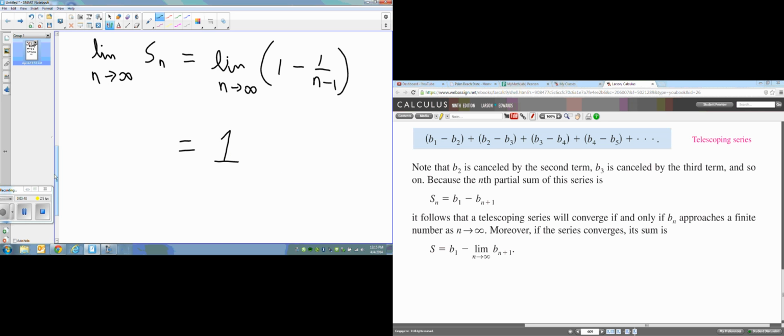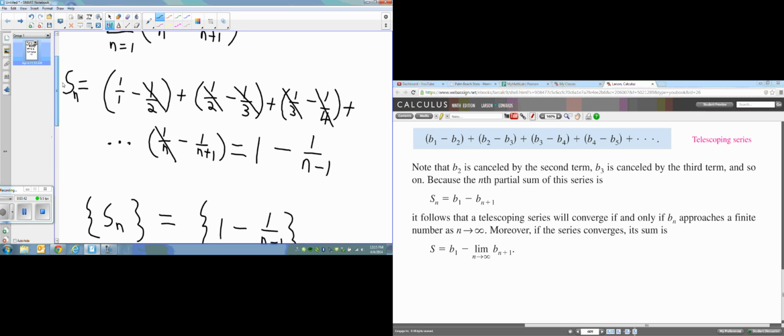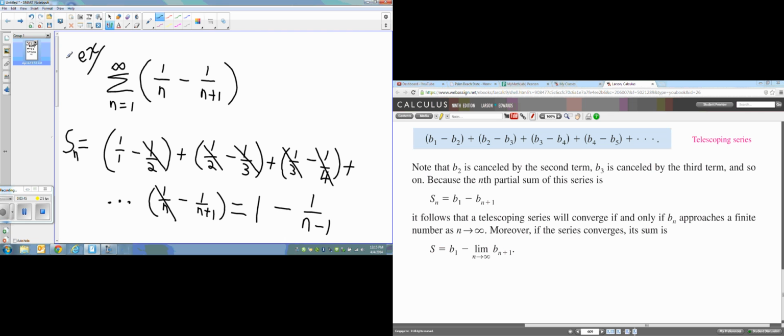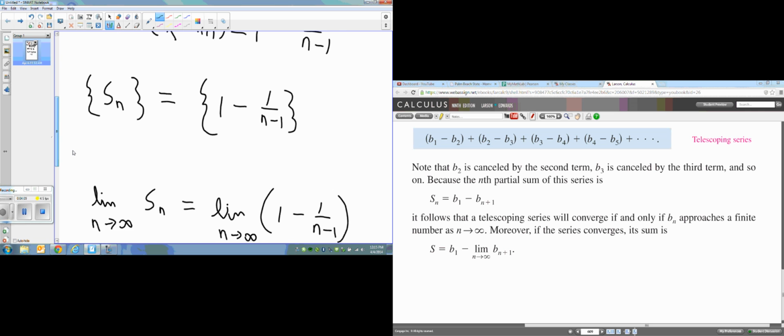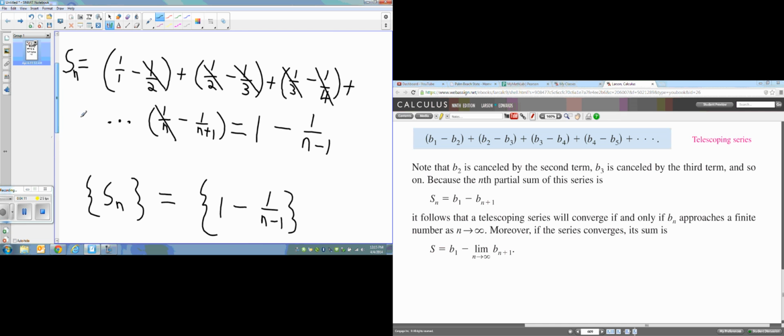Now, this series is actually a special series. If you take a look over here to the right, I have the definition of a telescoping series. And it says, note that B2 is canceled by the second term, B3 is canceled by the third term, and so on. And you see there that the nth partial sum is equal to B1, which in our case was 1, minus Bn plus 1. So in this case, these would be the B's.